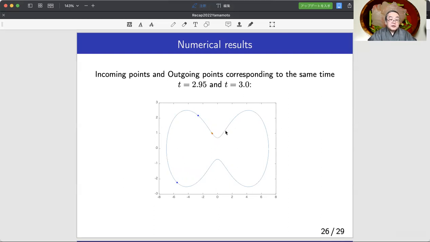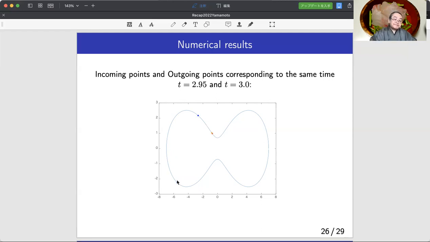And this figure shows incoming points and outgoing points corresponding to the same time, t equals 2.95 and t equals 3.0. This point is for t equals 2.95. And this is the incoming, and this is the outgoing point for t equals 3.0.